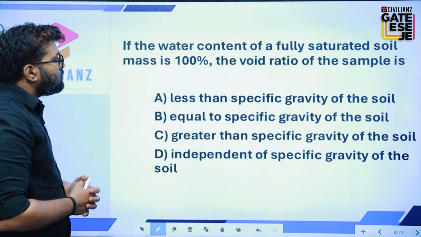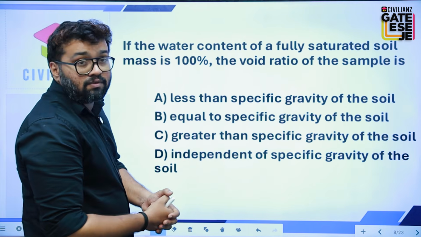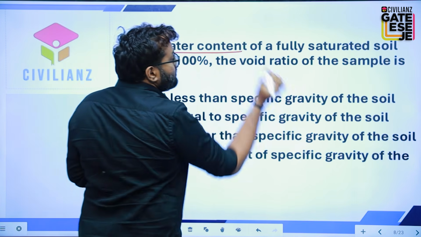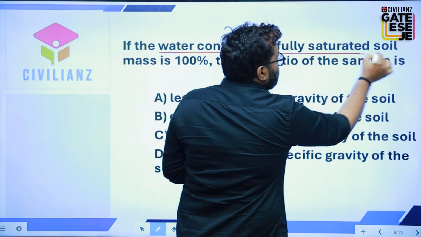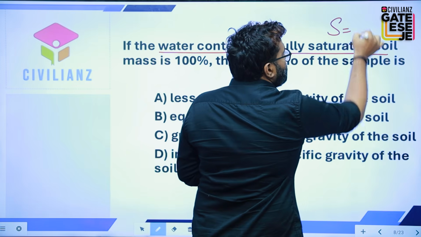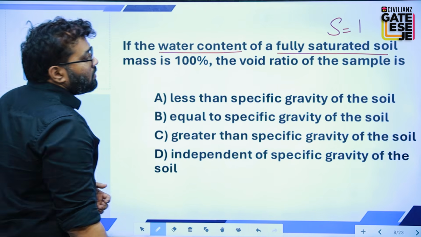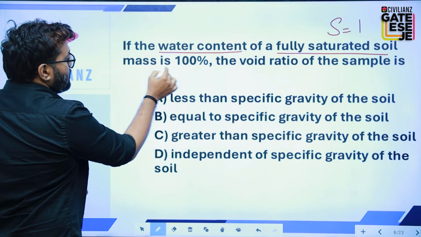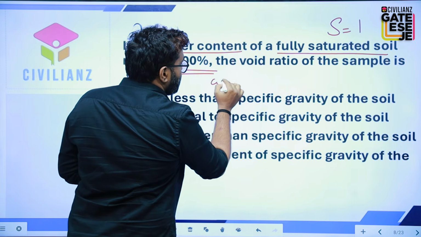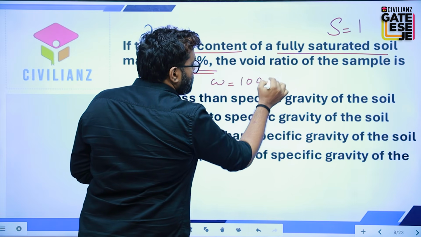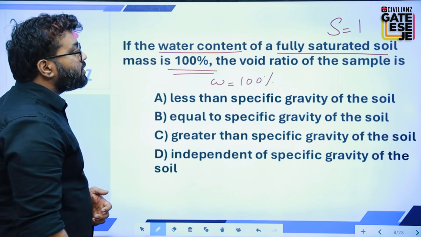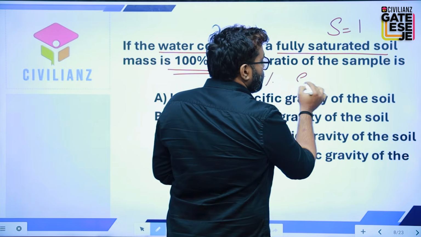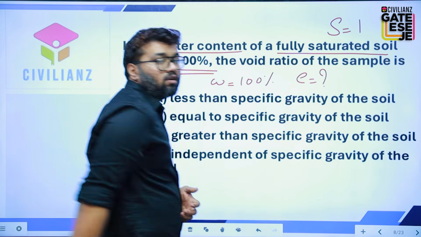If the water content of fully saturated soil mass is 100%, so S is equal to 1 and water content is given as 100%. The question is: the void ratio of the sample is what?